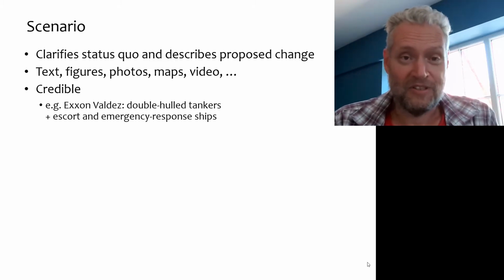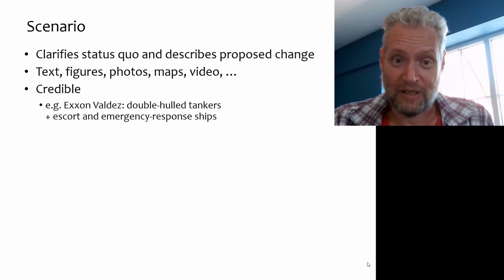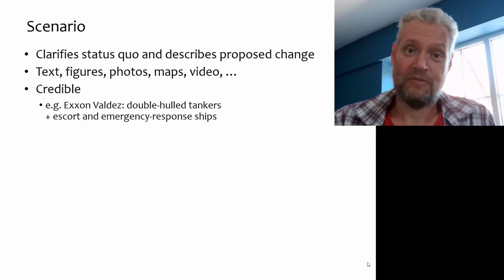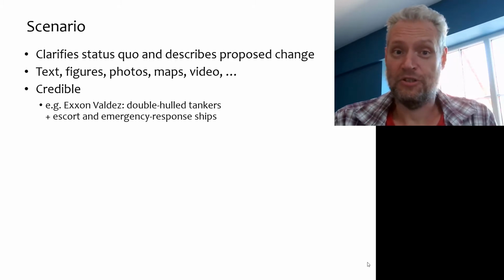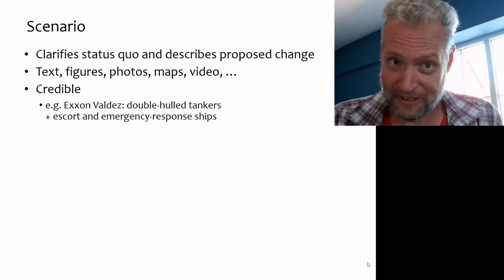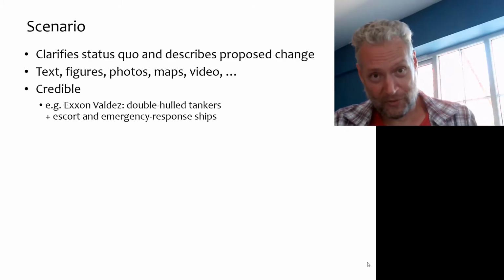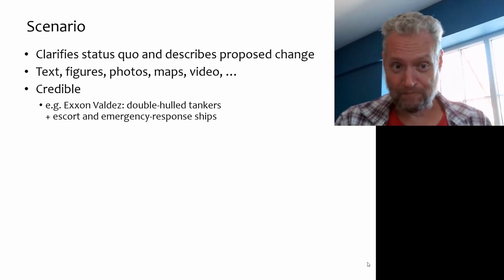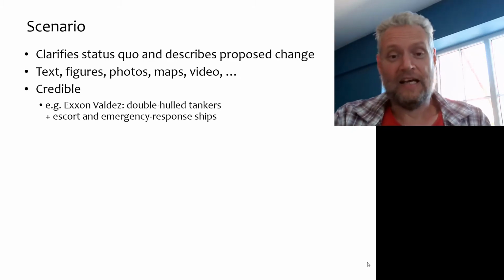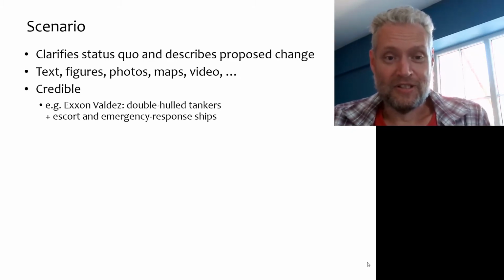So what they did in one of these studies from this particular oil spill is to suggest that from then on, all tankers should be double hulled. The Exxon Valdez had a single hull, and that is why all the oil got out and into the sea and onto the coast.